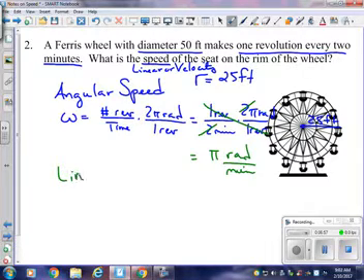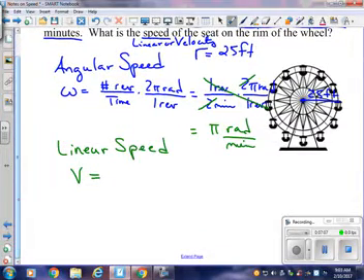Now let's talk about the formula for linear speed. So with linear speed, we use V for velocity instead of S for speed, because S doesn't mean speed. S means distance for position. So they use V for velocity or speed. And that's going to be omega times your radius over 1 radian.